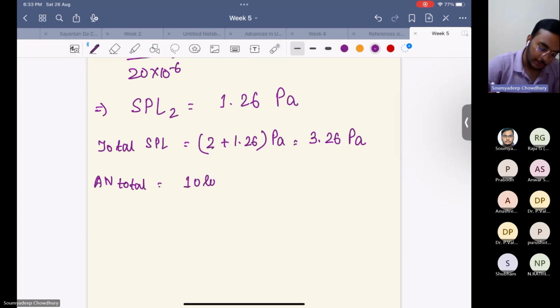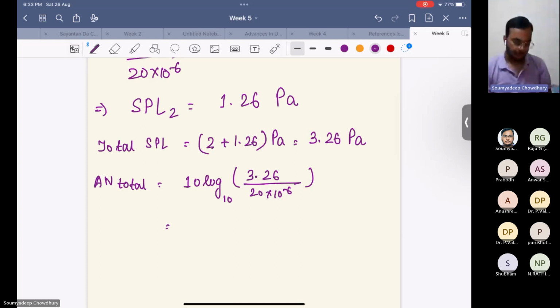It will be 10 log 3.26 by 20 into 10 to the power minus 6. So it is coming around 52.12 dB.